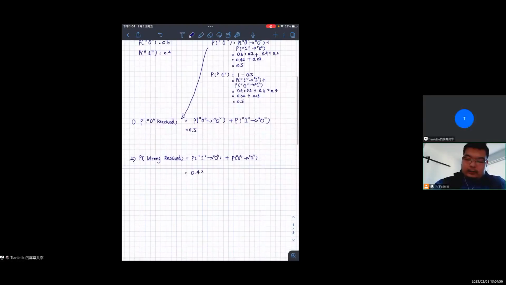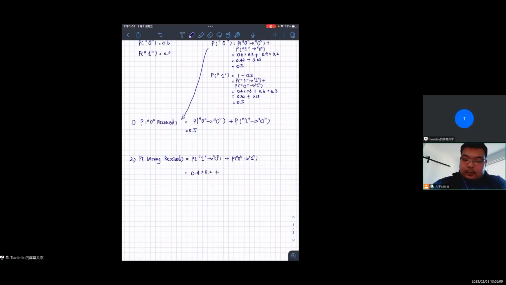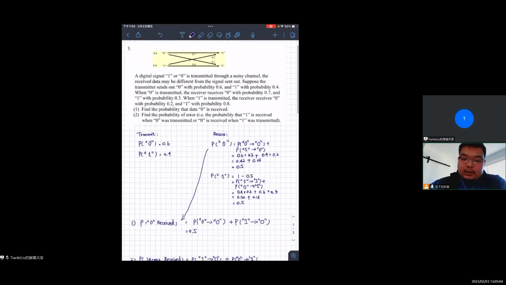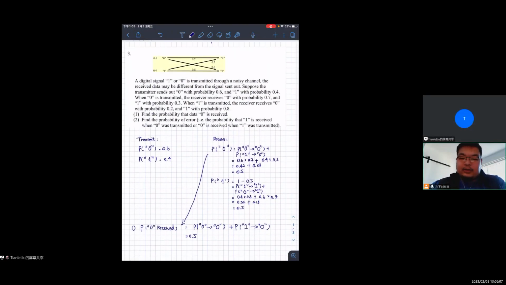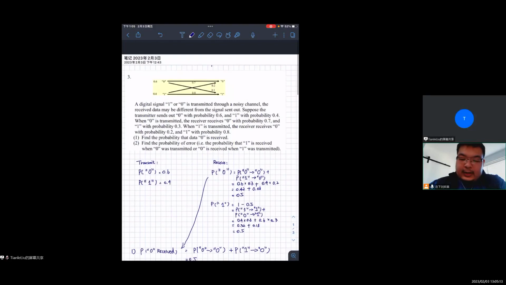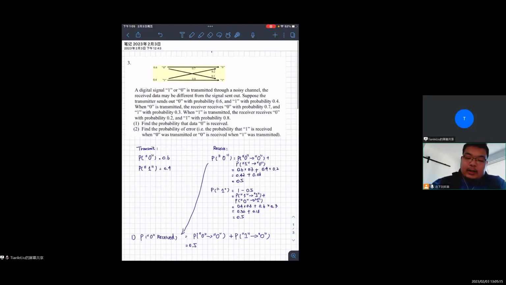So we multiply it by 0.2 and plus the probability of message 0 to transmit, which is 0.6. And we can see from the line that to get it wrong, it has 0.3 probability.